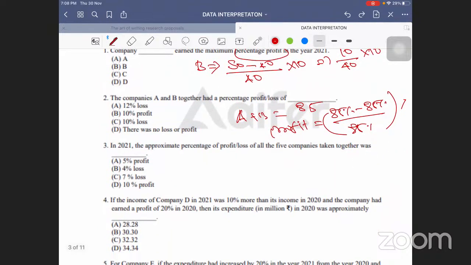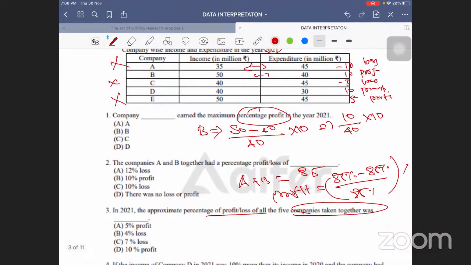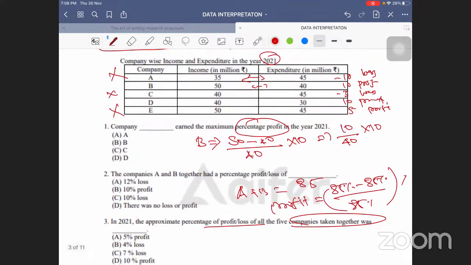And the next sum: in 2021, what is the approximate percentage of profit or loss of all 5 companies together? You just add everything, the total income of everyone, 35, 50, 40, 40, 50.